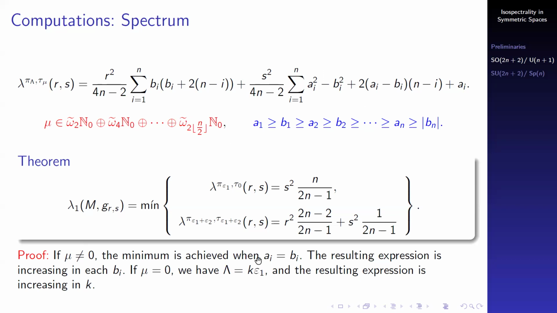And so we only have that the first one is not 0, so lambda has to be k times epsilon 1. And if we replace here, we see that the resultant expression is increasing in k. So it has to be minimum when k is equal to 1, which is the first expression. Lambda is p epsilon 1, tau 0, which means B equal to 0 and A equal to 1, just the first one. And we replace those values and we have these two numbers. So the first eigenvalue we could compute is the minimum between these two expressions.